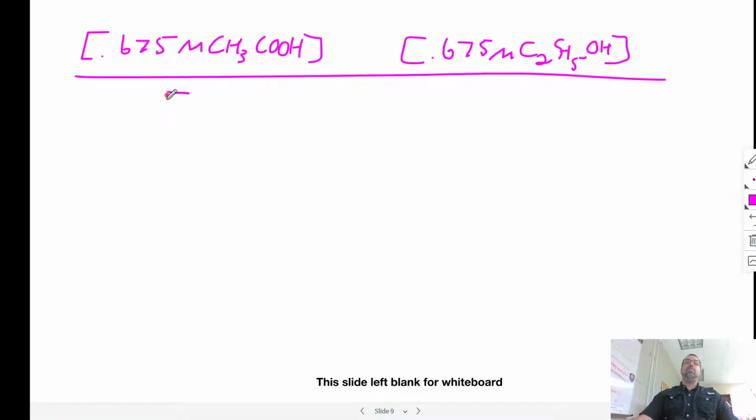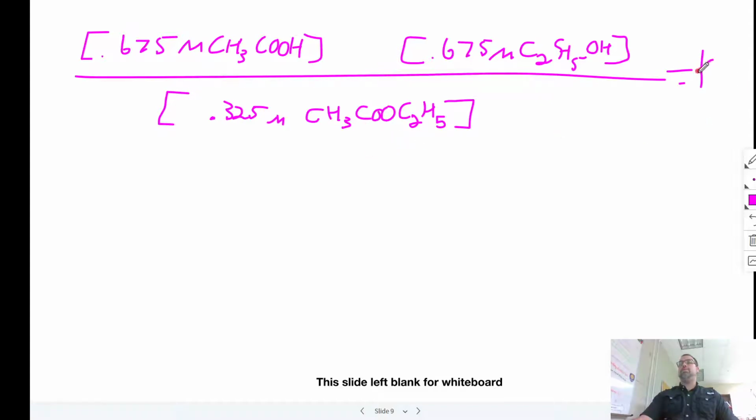Which means that we can put this into our equilibrium constant. And from here, if we wanted to, we could solve.